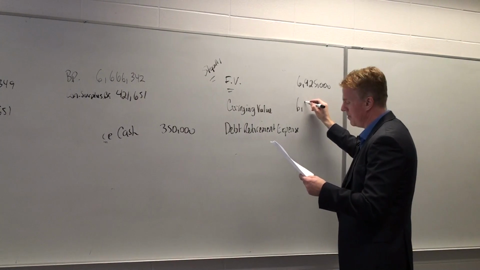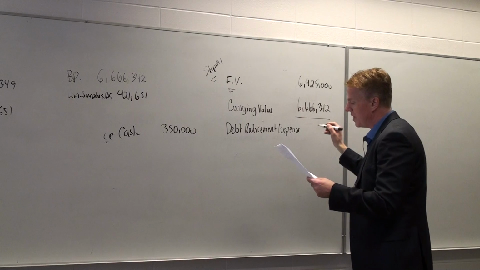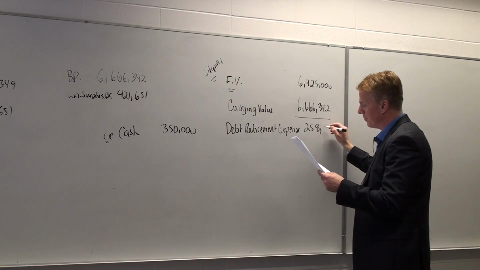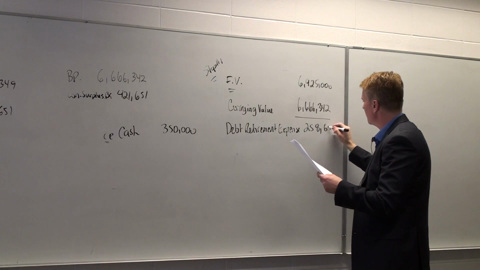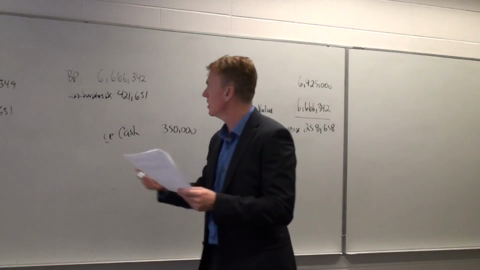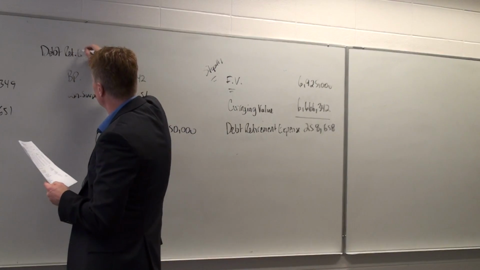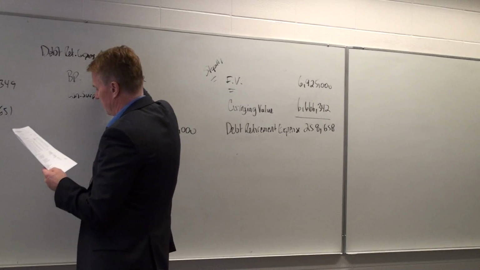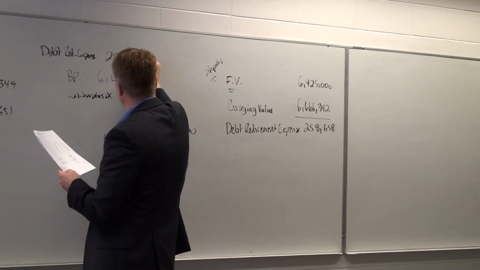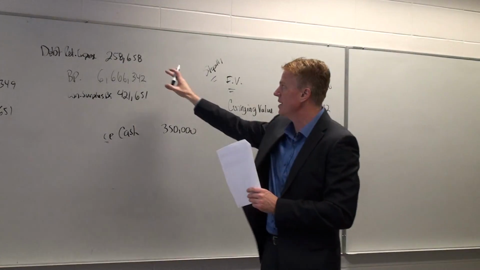Well, that was $6,666,342. Well, that difference is our expense, $258,658. So that is our debt retirement expense. So debt retirement expense, $258,658.